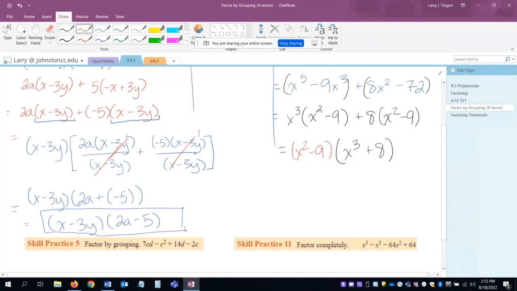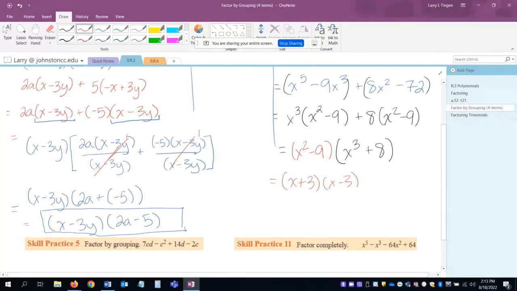factors, x squared minus 9 and x cubed plus 8, they're both those special forms that we talked about. X squared minus 9 is the difference of squares, so that factors into x plus 3 times x minus 3.